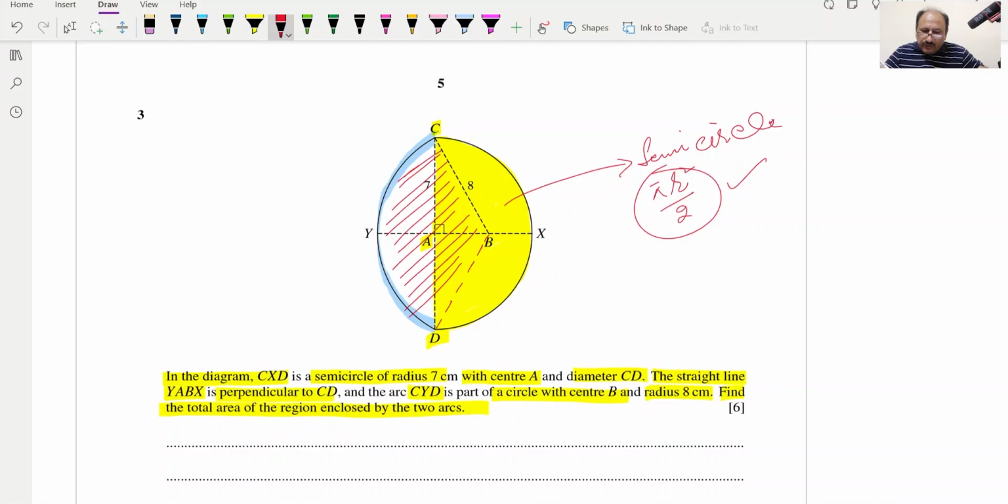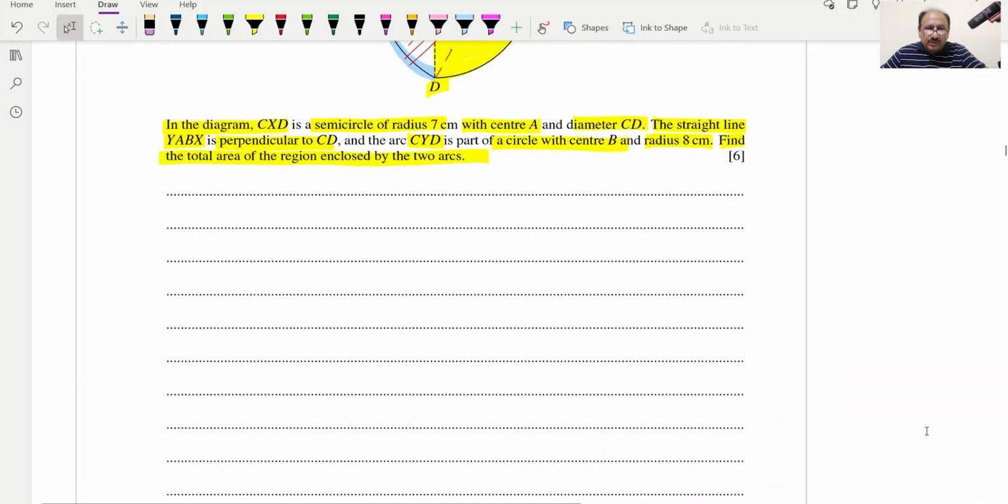But when we add those two areas, the area of this triangle CBD will be double counted, so we'll subtract the area of this triangle and we will get the required area. So we will follow the same technique. Hopefully you understood this.